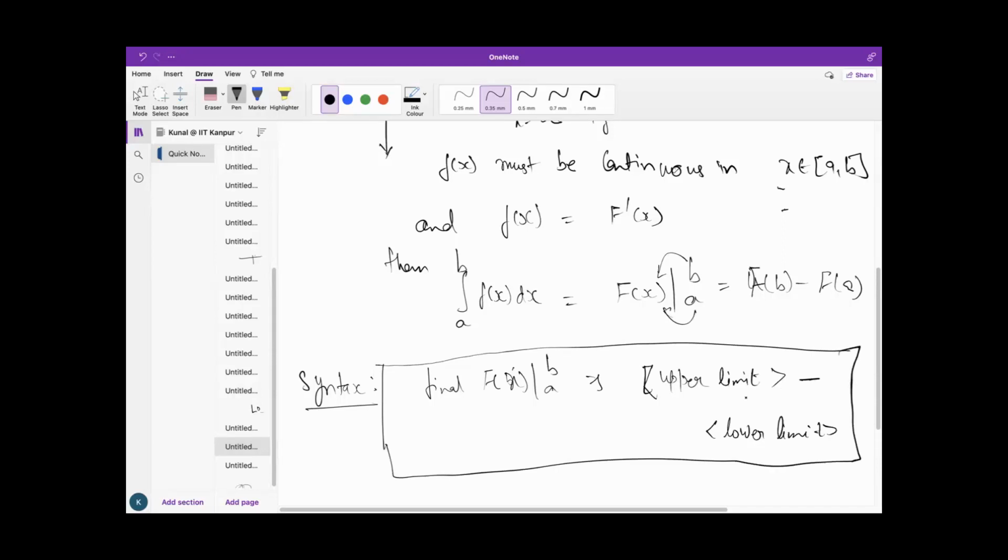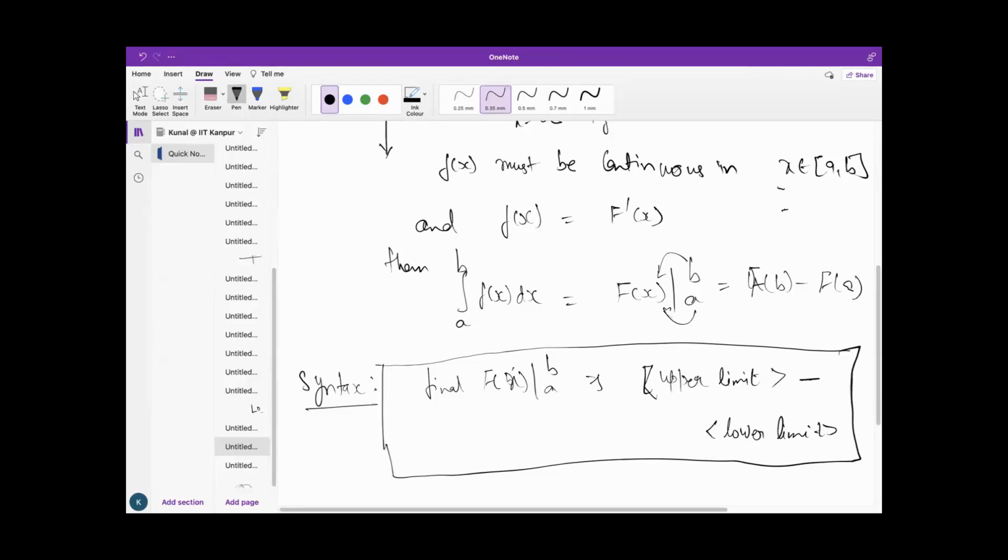So this is the syntax of inserting the limit in the final integral. Whatever we got, if some integrand is given, as usual we integrate as in indefinite integration, we do the same process, or we apply some property here too, which we will read later. But first, how to insert the limit in the final integral.